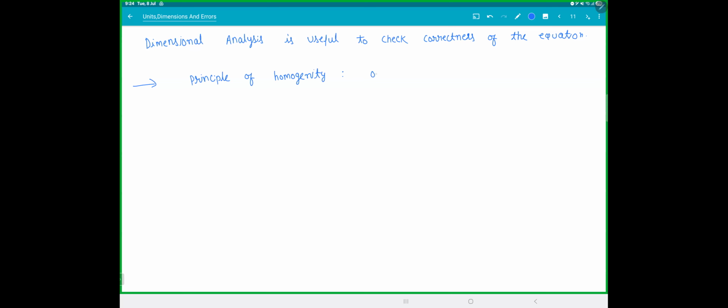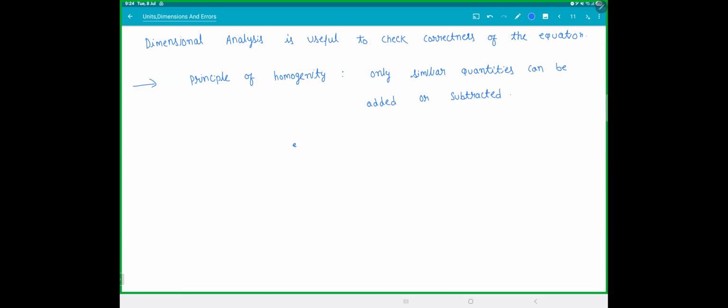It means only similar quantities can be added or subtracted. You can't add energy to force, you can't add power to pressure. You can multiply and divide any quantities, but for addition and subtraction they have to be the same.